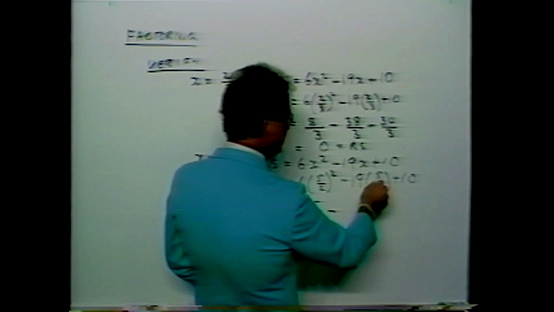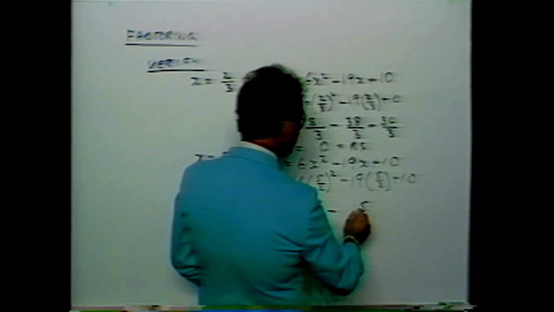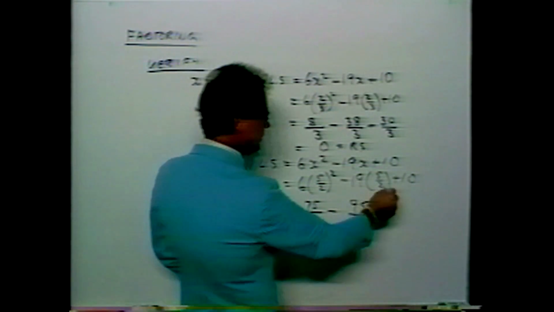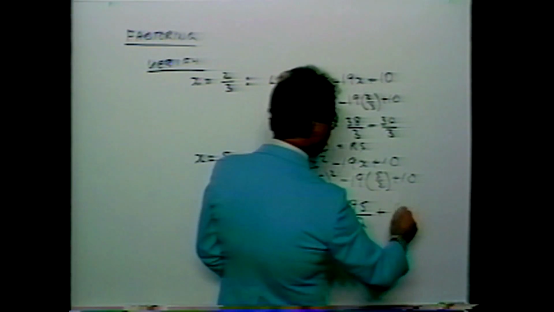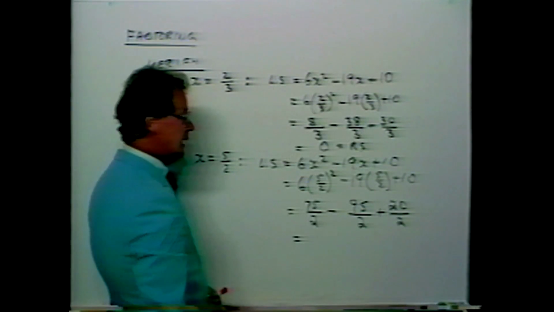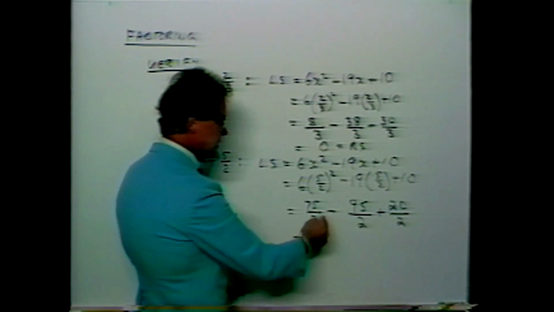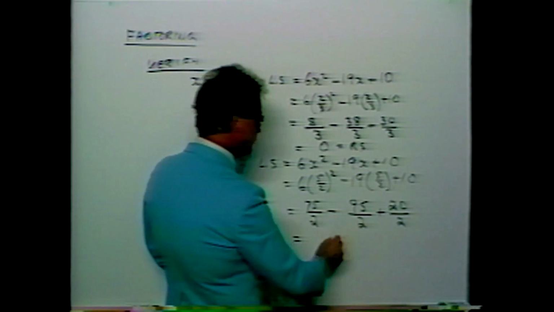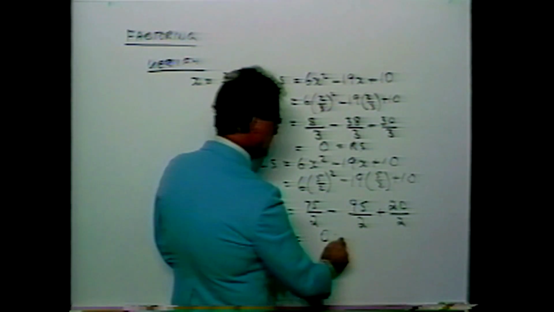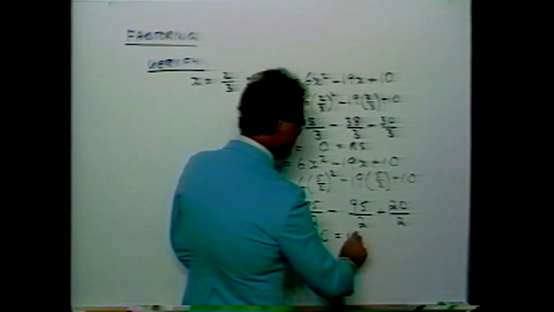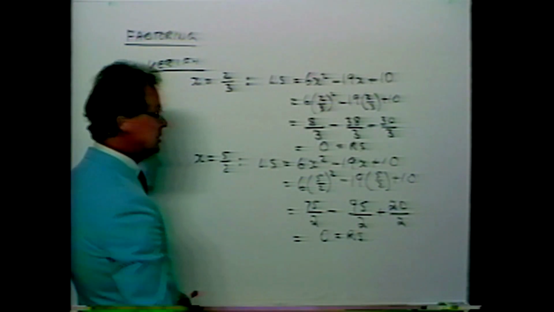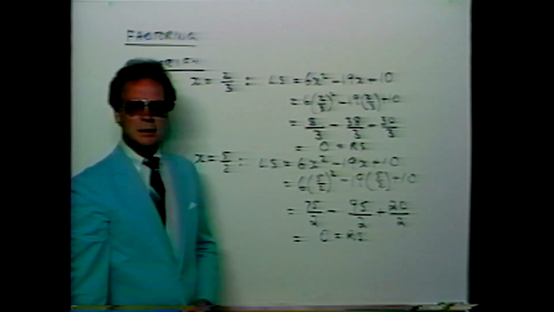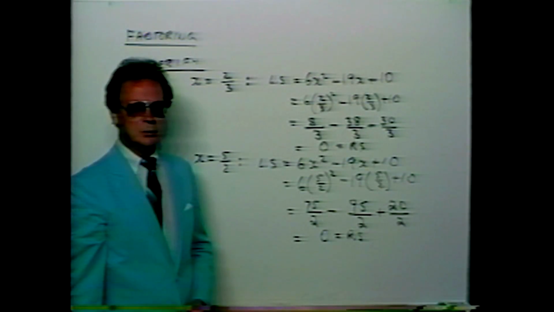Then 19 times 5 is 95 over 2. Establishing a common denominator, which is 2, 10 amounts to 20 over 2. If you add these fractions, you can see that the 75 and the 20 add up to 95 over 2. Subtract 95 over 2, and the answer again is 0, and that is equal to the right-hand side of the equation. That establishes the fact that x equals 5 over 2 is also the root of the quadratic equation.